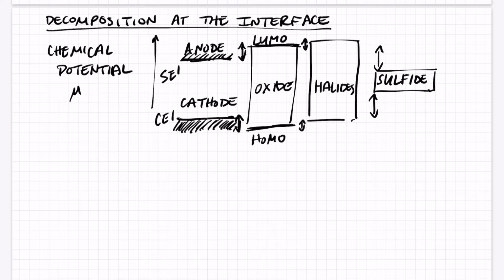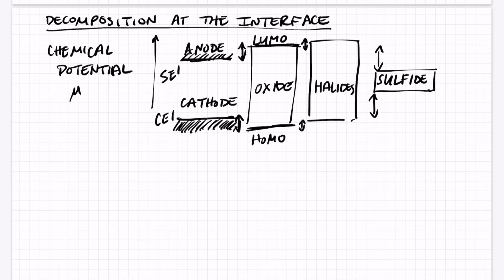But this whole module is going to be about how do we stabilize the interfaces so that we maintain the high ion conductivity, because typically what will happen is decomposition at the interfaces will cause the production of binary compounds that don't have high ion conductivity, and in fact sometimes they block ion migration, which defeats the purpose of making an all solid cell.